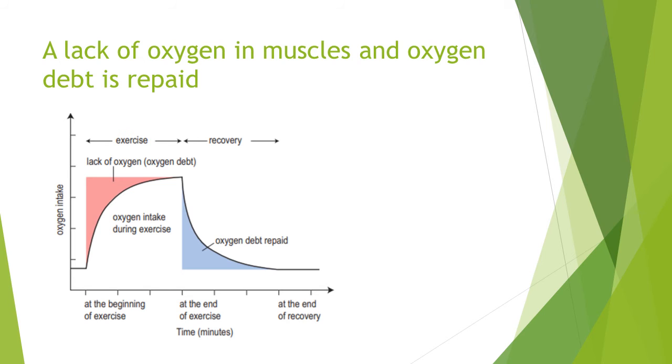So a lot of oxygen is used at the beginning of exercise. But when you stop the exercise, the intake of oxygen in your cell is less, so the intake of oxygen from the environment is more. So you are able to recover, and we call it oxygen debt is repaid.